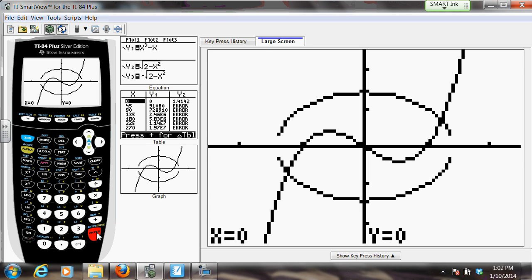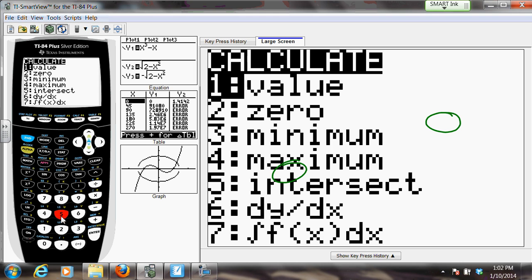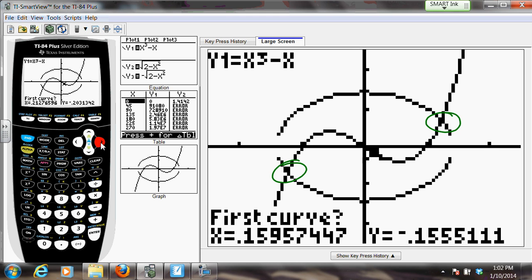So there's 2 points of intersection. One there, one there. So you're going to go to second calc, intersect, move your graph over.